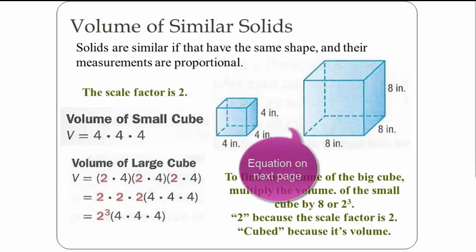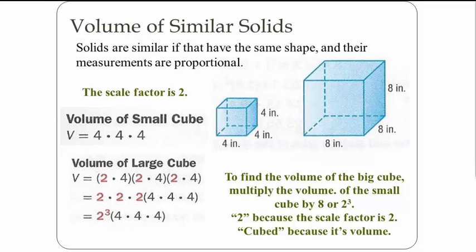So we can have similar shapes that are 3-dimensional. That means the scale factor is going to be worked on all 3 dimensions. When the scale factor is 2, we recognize that all of our sides have multiplied by 2.